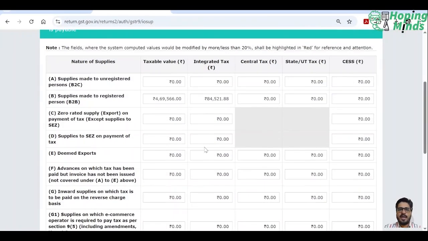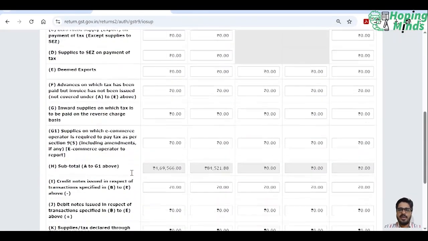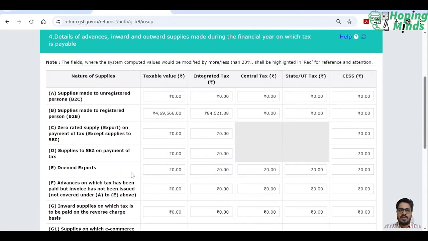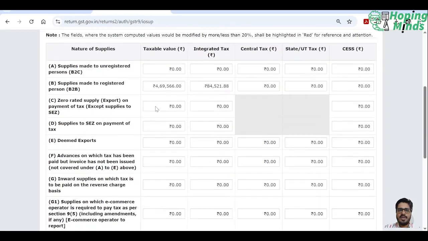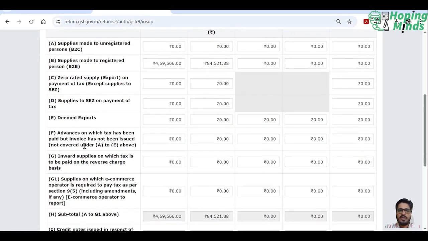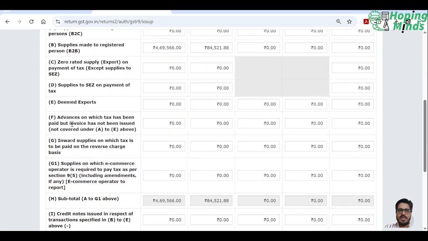So let us see here. There are many details that are required to be filled up in the inward and outward supply details. Like supplies made to unregistered person, B2C sales, then supplies made to registered person, B2B sales. We have reported this. Then zero rated supplies, supplies to SEZ, deemed export, advance on which tax has been paid but invoice has not been issued.